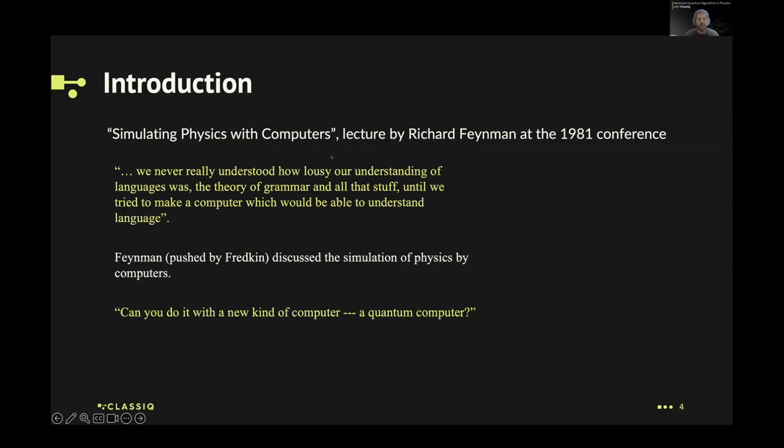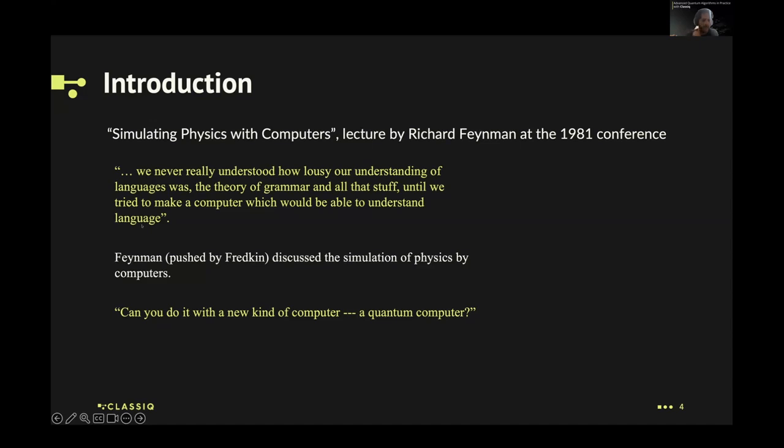So in this conference, Feynman gave a lecture whose title was Simulating Physics with Computers. I know that this course, this session, is not only about quantum, but also about AI. So I found this nice quote from Feynman's lecture. He said, "We never really understood how lousy our understanding of languages was, the theory of grammar and all that stuff, until we tried to make a computer which would be able to understand language."